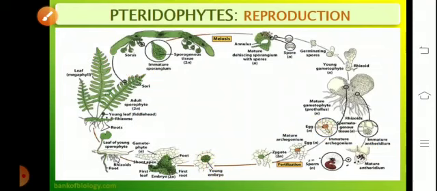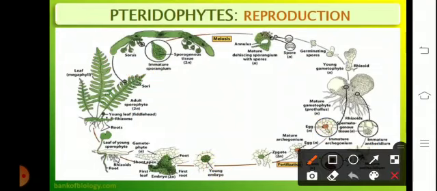Talking about the life cycle or the reproductive cycle, basically how it operates in case of pteridophytes. In pteridophytes, the gametophyte is reduced, which is haploid in nature. And we can see that the sporophyte is the dominant phase, which is diploid in nature.